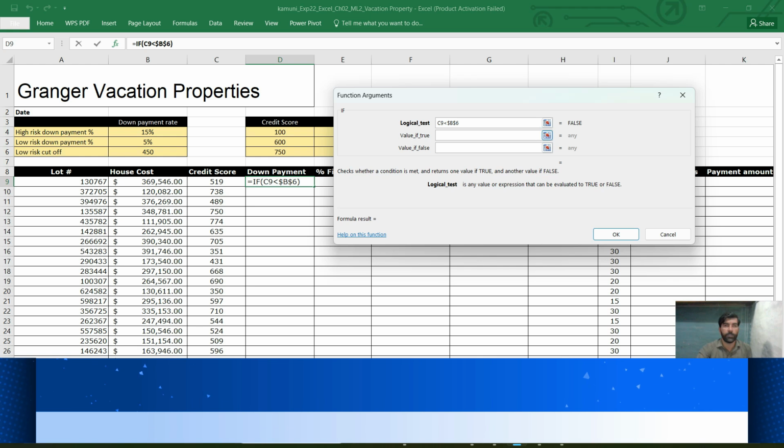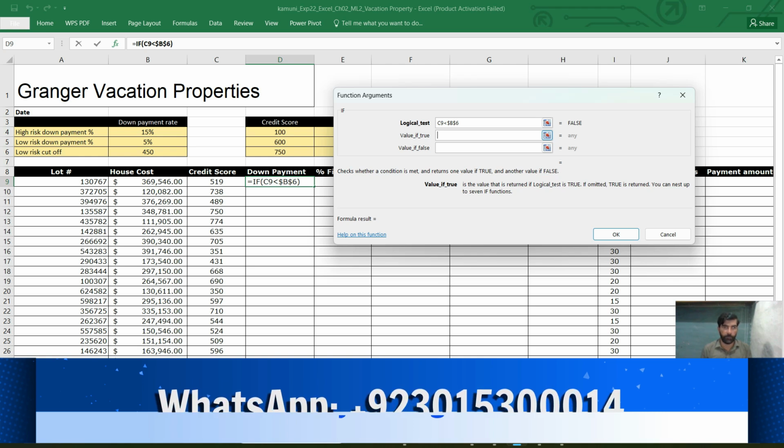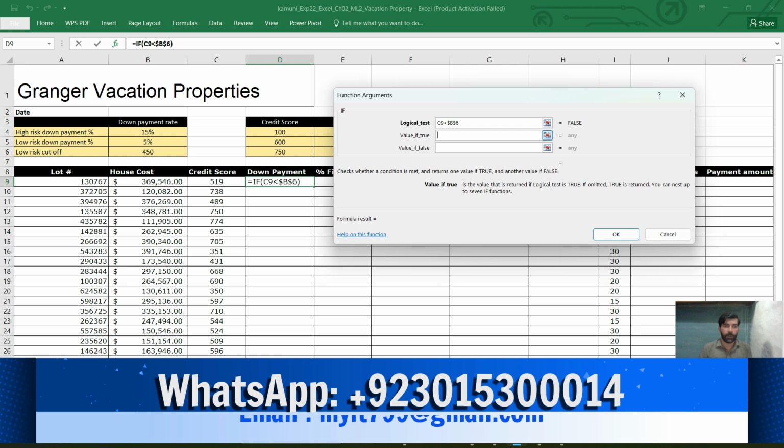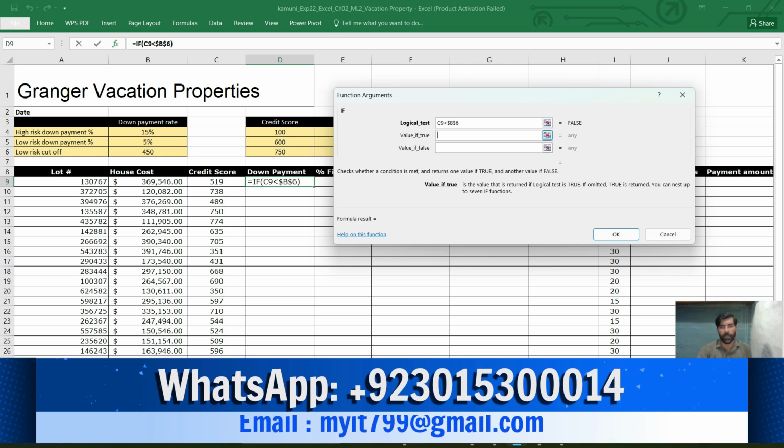This is the logical test. In the logical test, we have to say that the credit score is the assess point and B6, that is the low risk cutoff. And value if true, we have to say that purchase price multiplied by 15% if the risk is high.